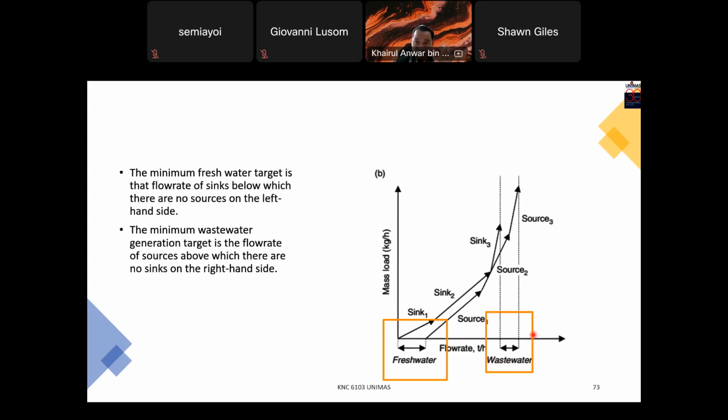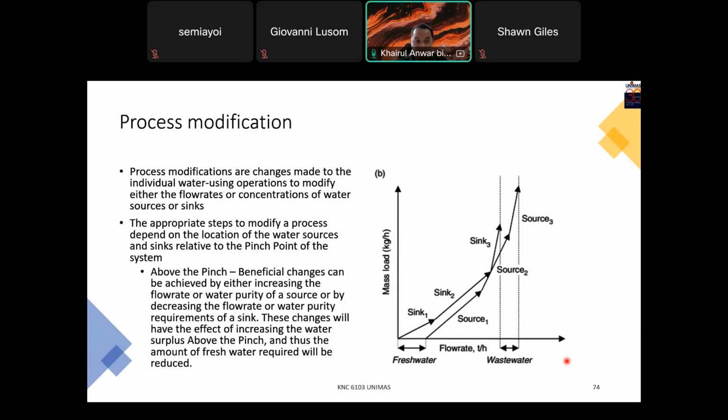It's the same as the water cascade analysis, you also get this value. If you choose to do the Manan 2004 based on their data for this method, you get similar values, plus or minus, for the freshwater and wastewater feed.